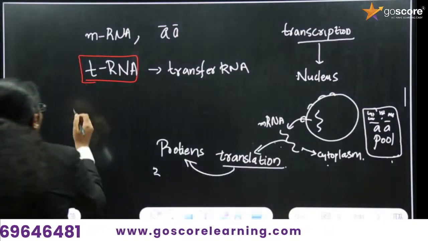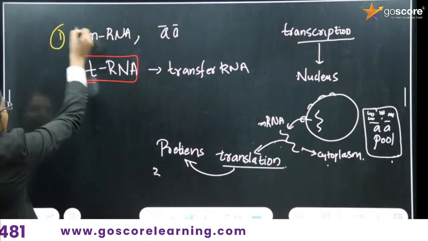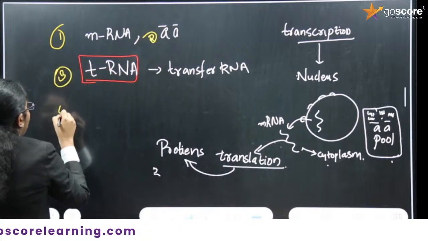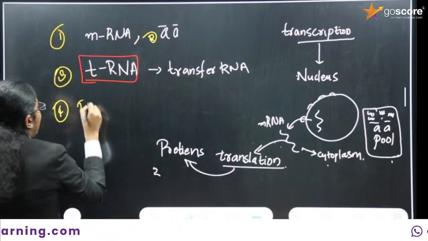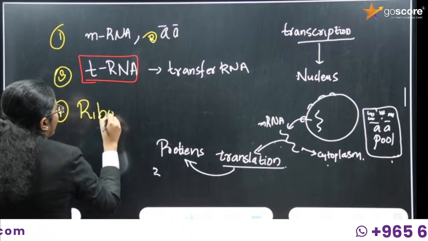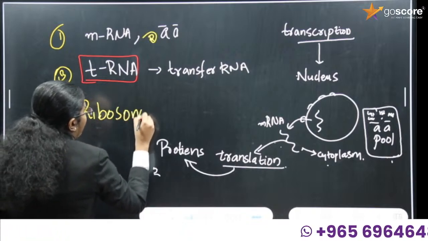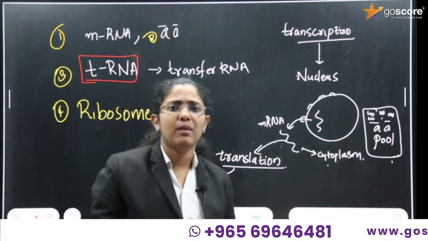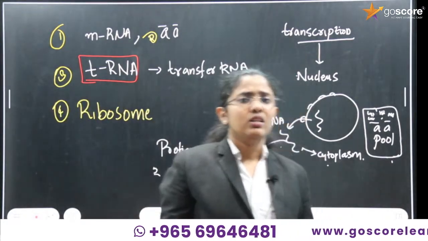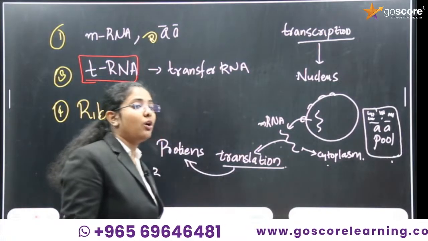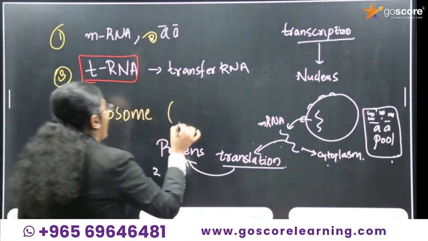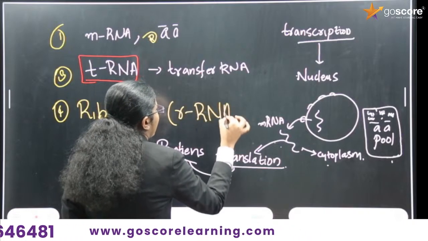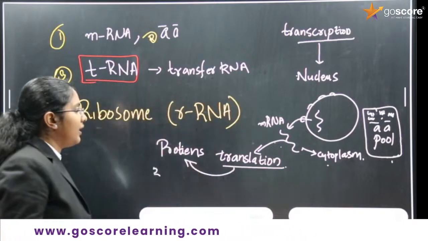This is the first, this is the second, this is the third, and next, a very important thing, ribosomes. Inside the ribosomes, you have studied, it is made up of proteins and rRNAs. What is rRNA? Ribosomal RNA.